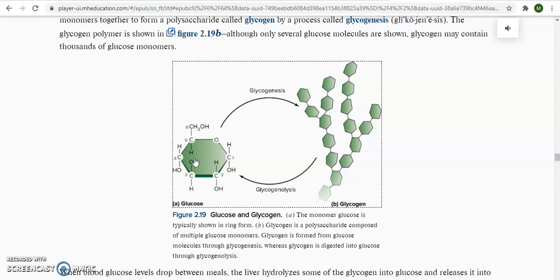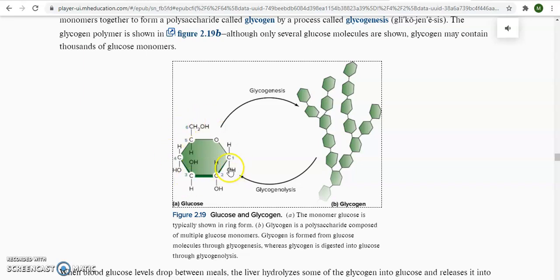When those bonds get broken, usually by enzymes, which we'll talk about, energy gets released from the breaking of that bond. So our cells can break these bonds in glucose, and whenever they do, the energy can be released and they can use it for work.